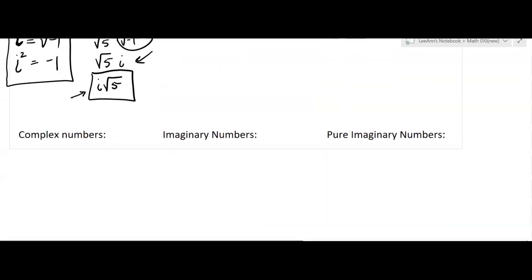Okay. So now we have a new set of numbers, the complex numbers. The complex numbers include all real numbers. So every real number that you already know is a complex number. We prefer to talk about them as a real number because it defines it a little bit better. And now we can include anything that has the imaginary unit, or all imaginary numbers.